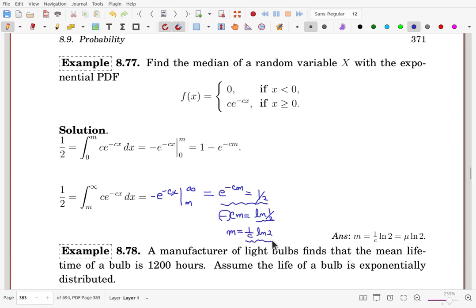Of course, 1 over c is mu, so we can write mu times logarithm 2. That is the median. Logarithm 2 is less than 1, so the median is smaller than the mean for every exponential random variable.